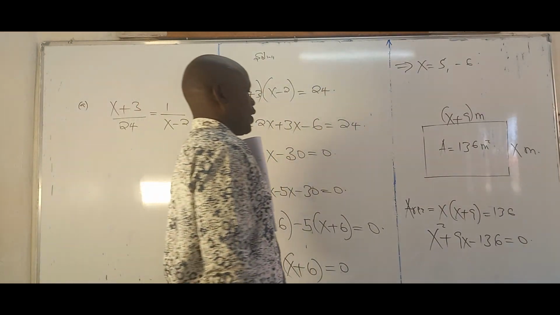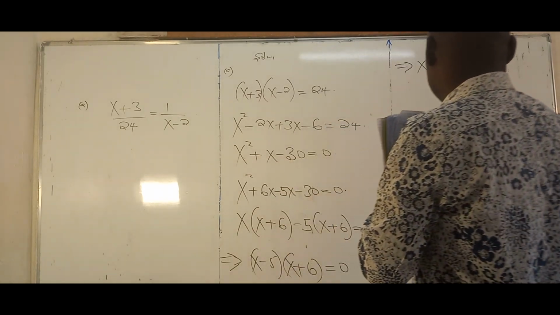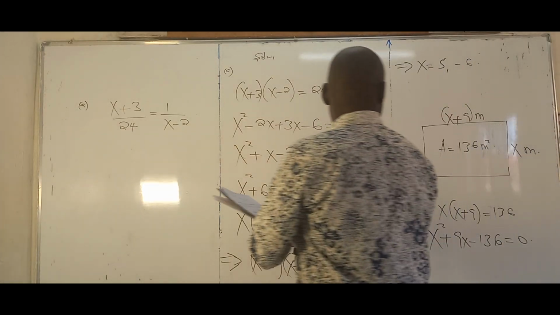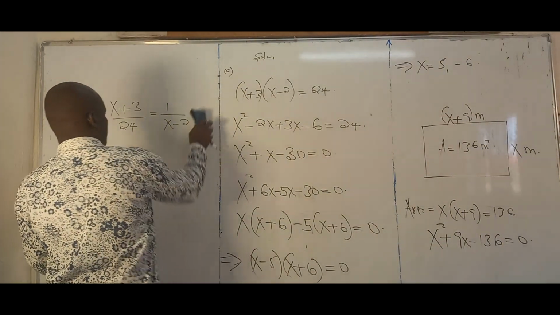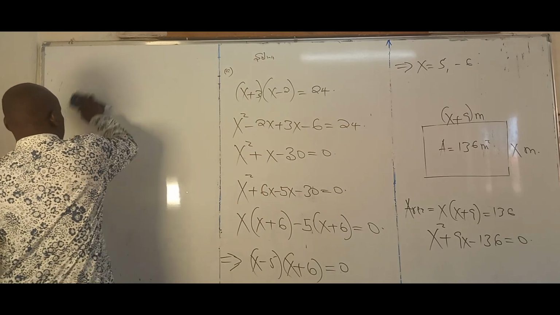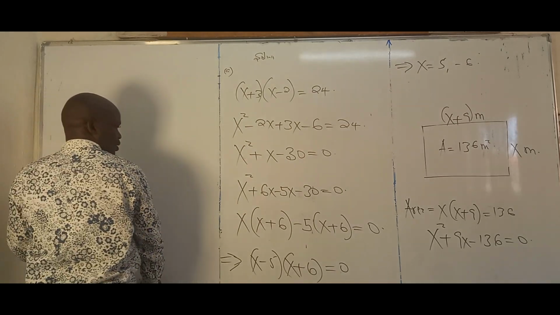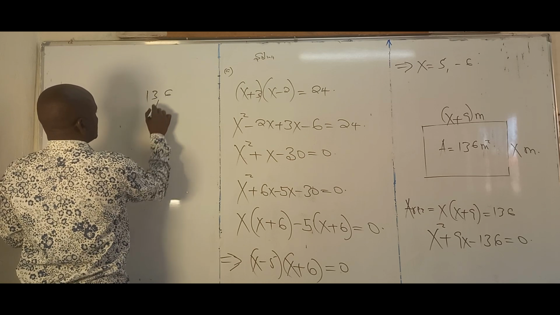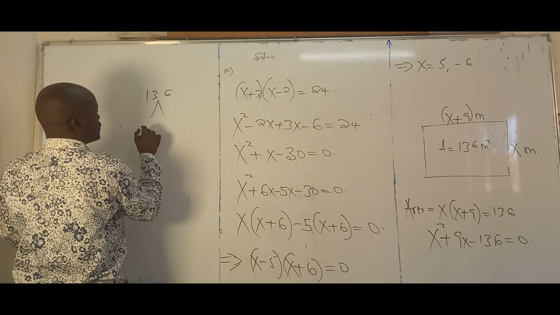So we are looking for two numbers whose product is negative 136 and sum is positive 9. So those two numbers, we can figure out what they should be. This is how to figure it out. You just take 136 and see if we can find such two values.